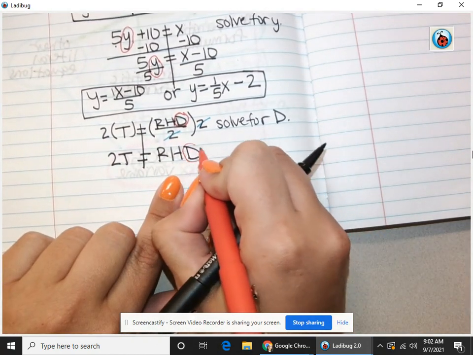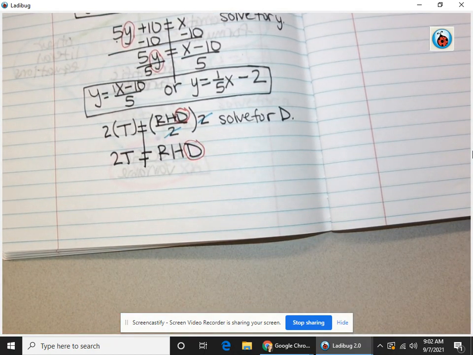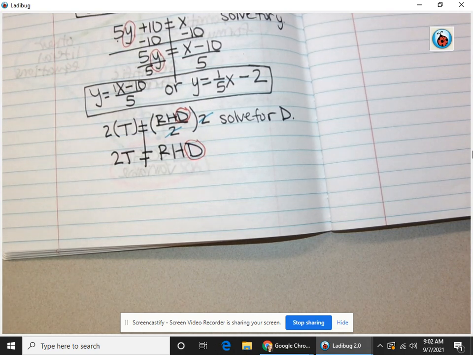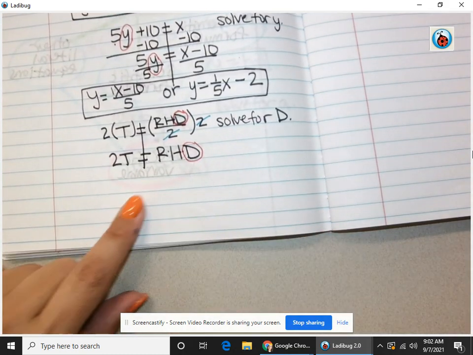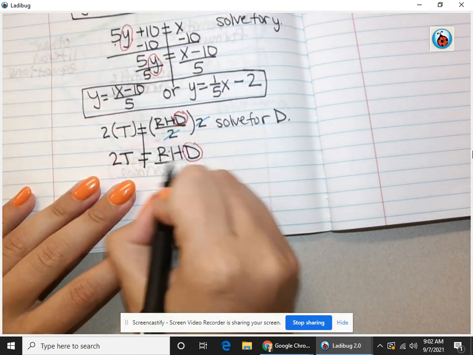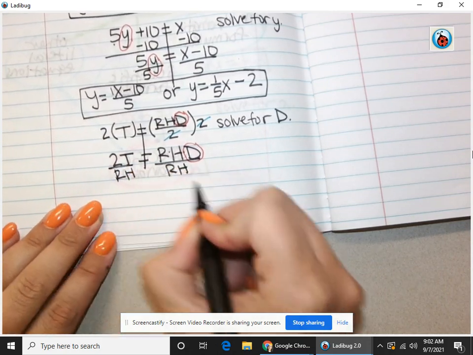And I still want to solve for D, so do you remember what we need to do now? Divide by RH. Because what's happening is these are all being multiplied together. We want to do the opposite. So we divide by RH.